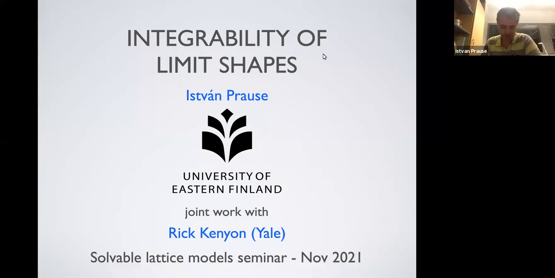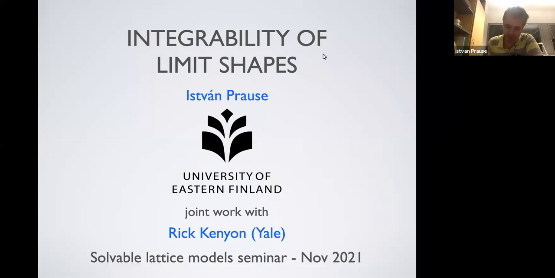But actually there will be also some simplification even in the dimer model or determinantal models, as we will see.